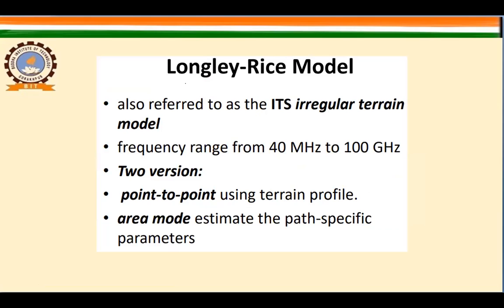As you know, the Longley-Rice model, also known as the irregular terrain model, is also called ITS. In this model, the frequency range is 40 megahertz to 100 gigahertz. It has two versions: one is point to point using the terrain profile, and when we use the area mode version, it estimates the path specific parameters.